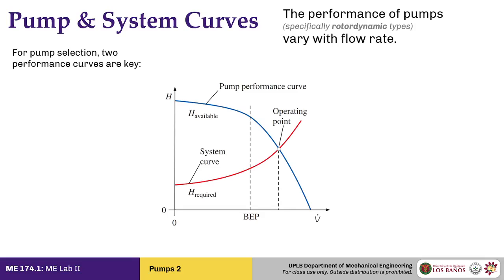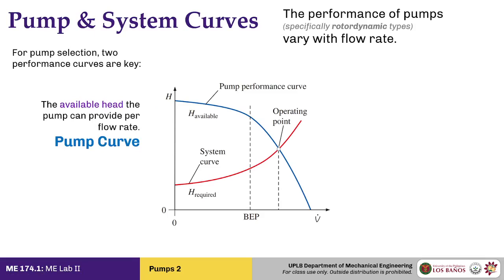The first one, what you see here in blue, this is the discharge head that the pump can provide depending on the flow rate. And you can also look at it vice versa. This is the flow rate that the pump can generate given a particular discharge head. We call that the pump performance curve or the pump curve.